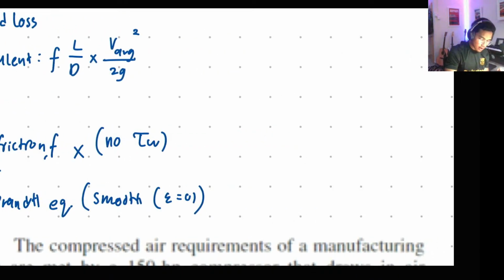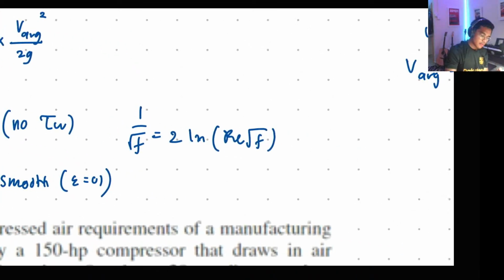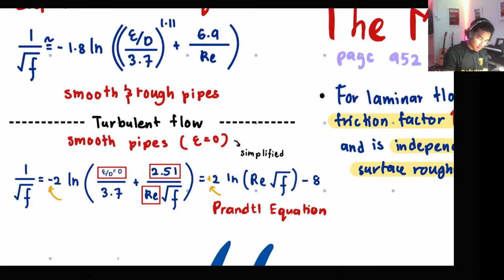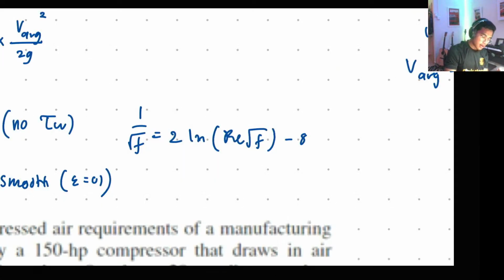Okay, so what is the equation? 1 over square root of f equals 2 ln (Re square root of f) minus 8.